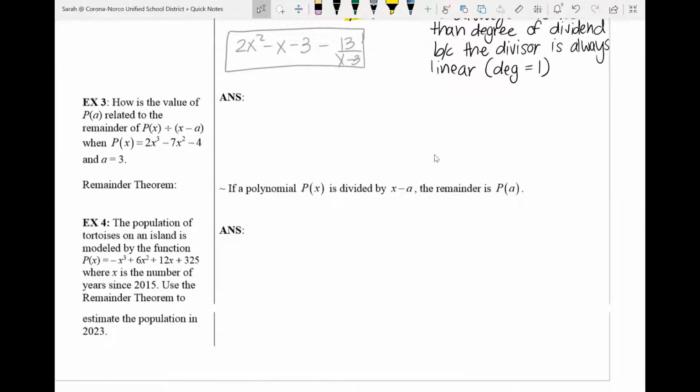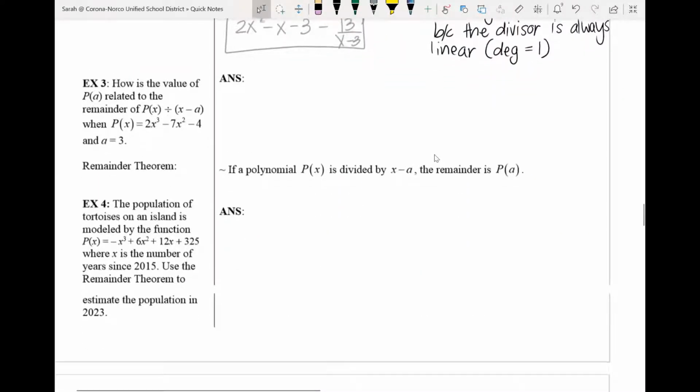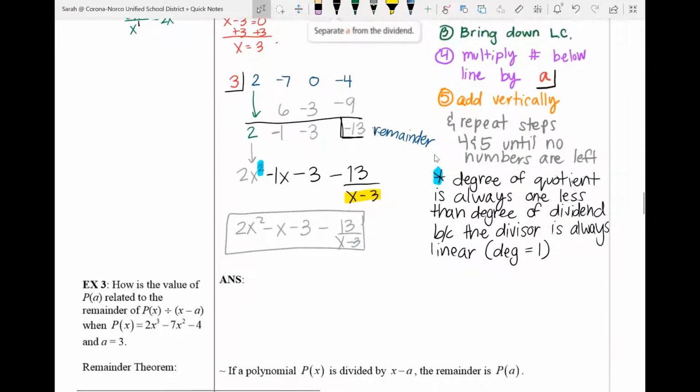So the problem for example 3 is asking us to find out how the value of p of a is related to the remainder of p of x divided by x minus a. So when p of x is 2x cubed minus 7x squared minus 4, which is our dividend from the previous problem, and then a is 3, was our a from the previous problem.